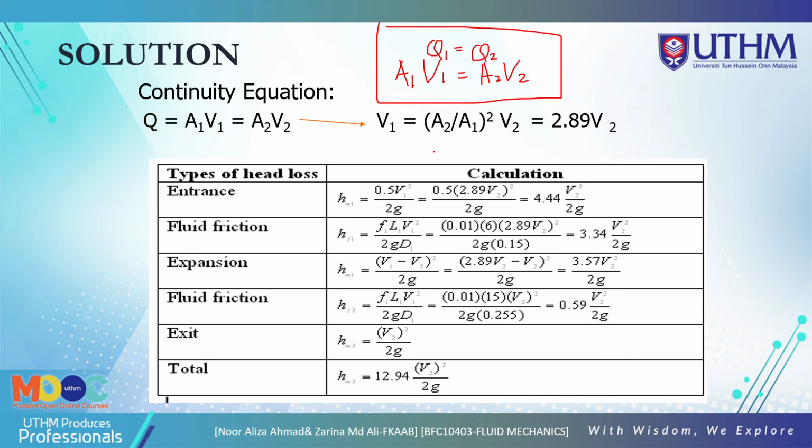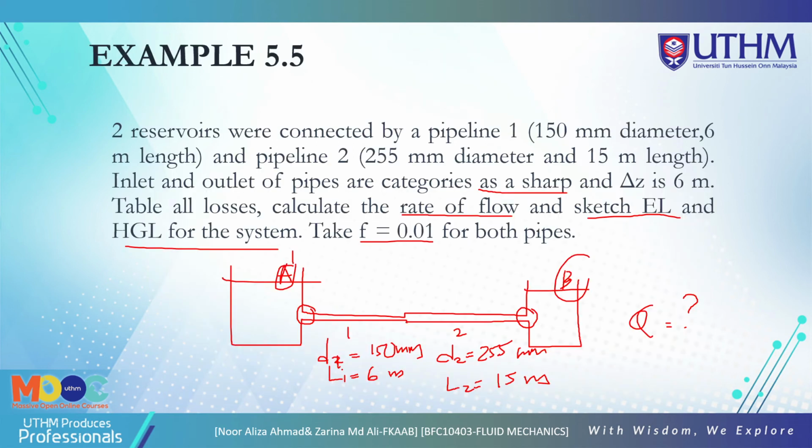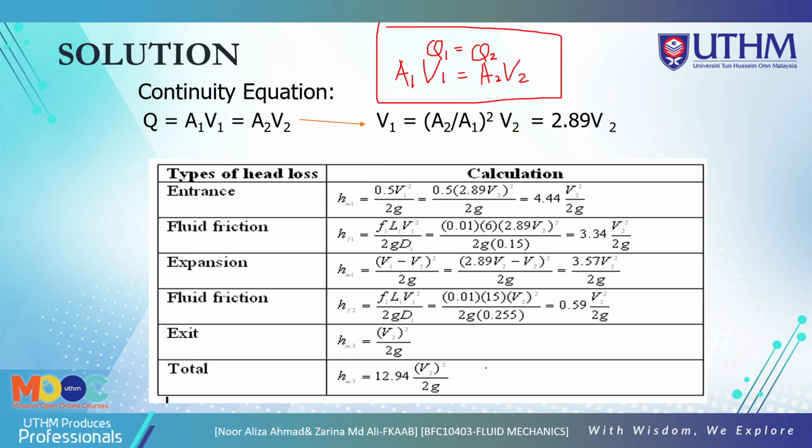So you get the value 2.8 from here. So A1, V1, you must calculate based on diameter 1, diameter 2, area 1 and area 2. So you must calculate area 1 and area 2, and V1 squared over 2G.